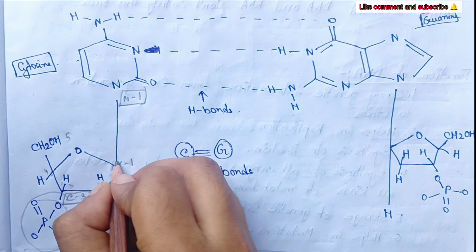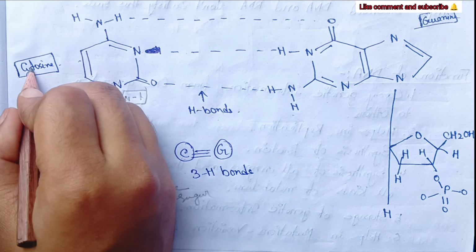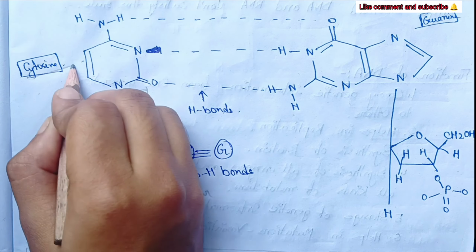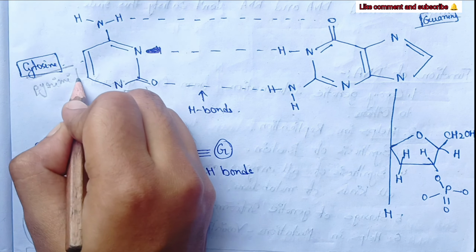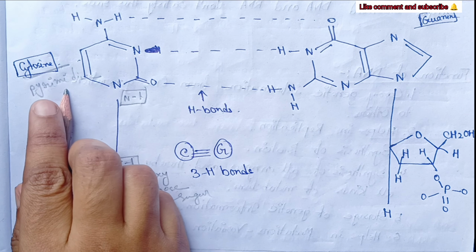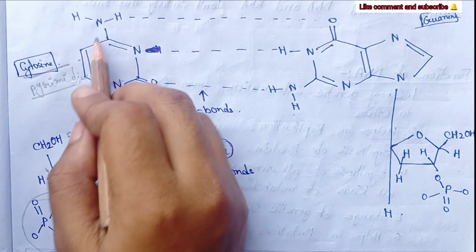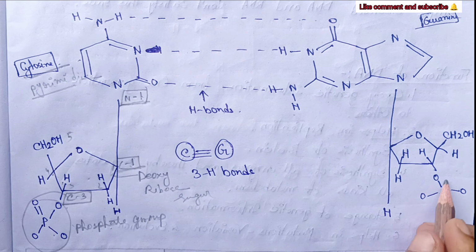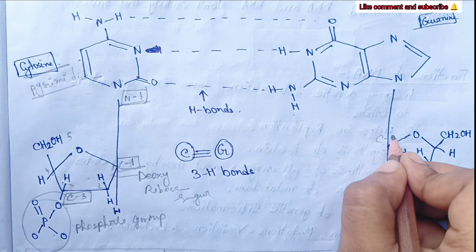So C1 of the sugar molecule can bond with the N1 of the cytosine molecule, because this is a pyrimidine structure. This is a pyrimidine structure. In the pyrimidine structure, the N1 can bind with the C1. So this is the cytosine structure, and in the same way there is a phosphate group at C3 and the base at C1.